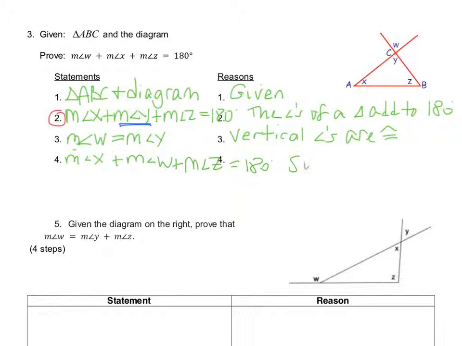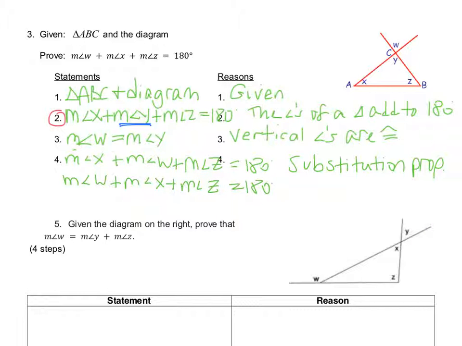That's by substitution property. If you really want, we could rewrite it in step 4 as measure of angle W plus the measure of angle X plus the measure of angle Z equals 180, just to make sure it's in the same order that it appears here. But you're done.